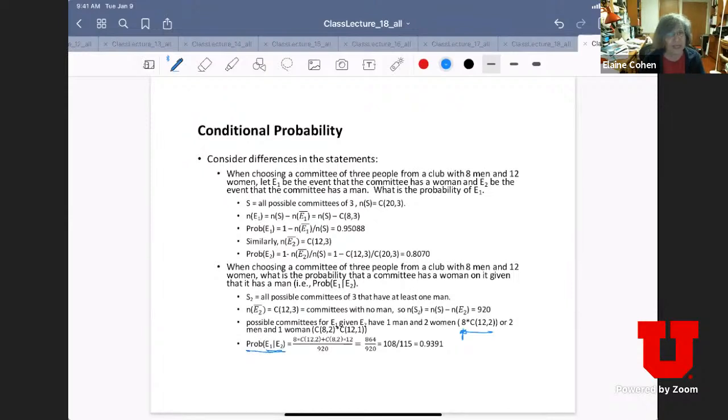So the probability of a woman on the committee given a man on the committee is 8 times 12 choose 2 plus 8 choose 2 times 12, divided by 920, or 0.9391.